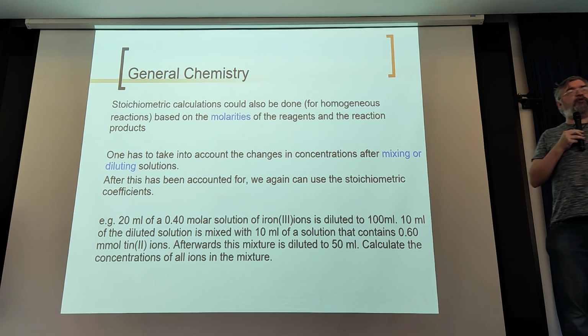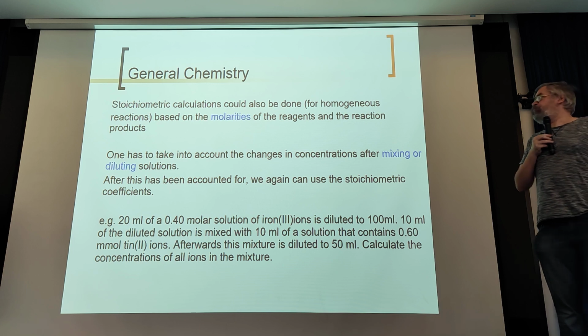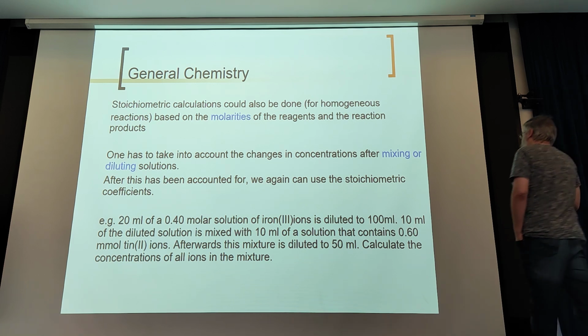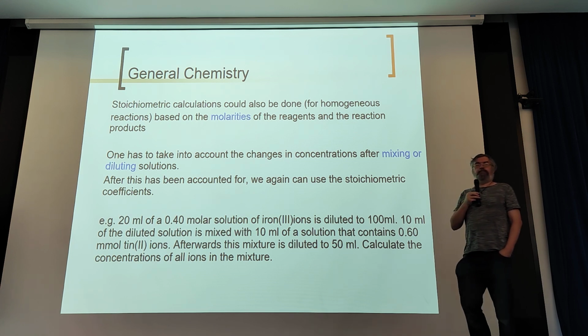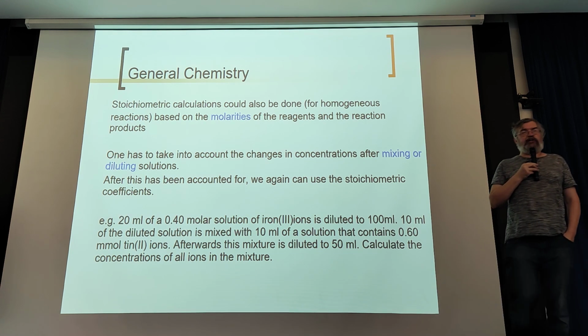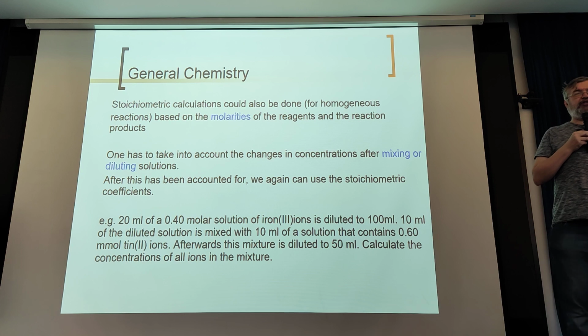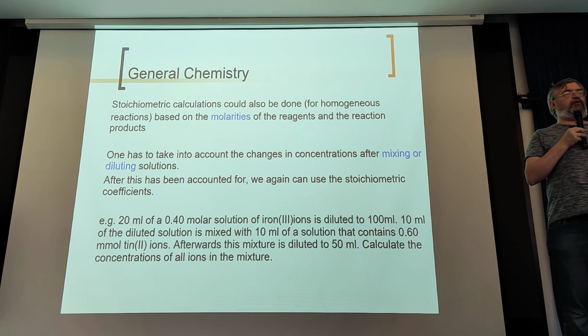So let me now give you a very simple example. It's a reaction of iron 3 with tin 2. It's in fact an oxidation reaction, and we'll have a chapter later on equilibrium of oxidation reactions. But here we can assume that the equilibrium is completely to the right.